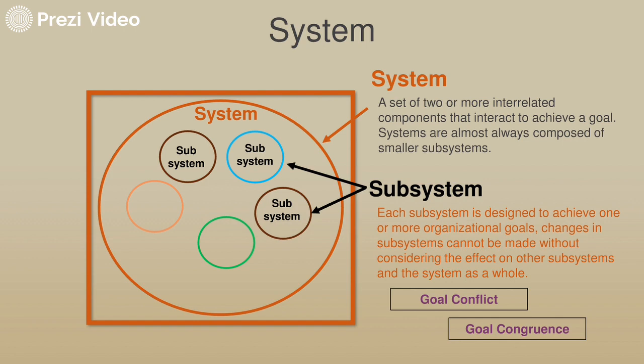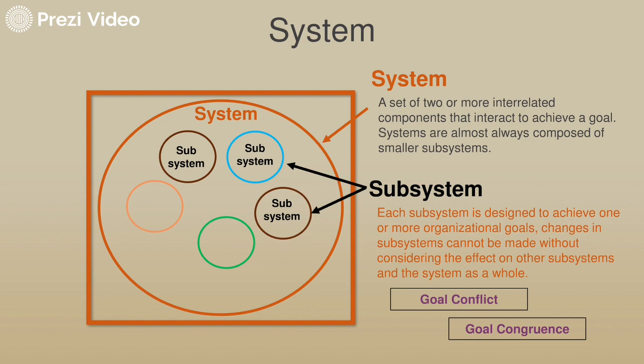So you can see the smaller circle in the larger circle is the subsystem. This subsystem will be designed to achieve one or more organizational goals. Changes in the subsystem cannot be made without considering the effect on the other subsystems, and also the effect on the system as a whole.